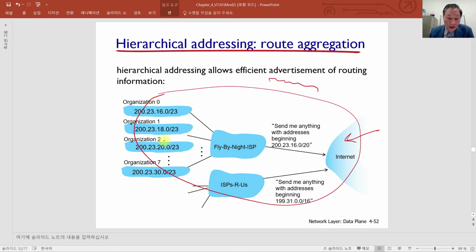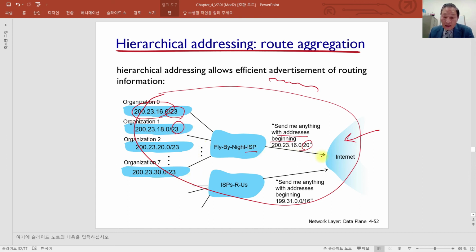Organization 0 through 7, thus 8 organizations, using Fly-By-Night Internet Service Provider. Send me anything with the address beginning. Instead of the individual numbers, there's the aggregated group, 20 instead of this 23, because those can be aggregated together.